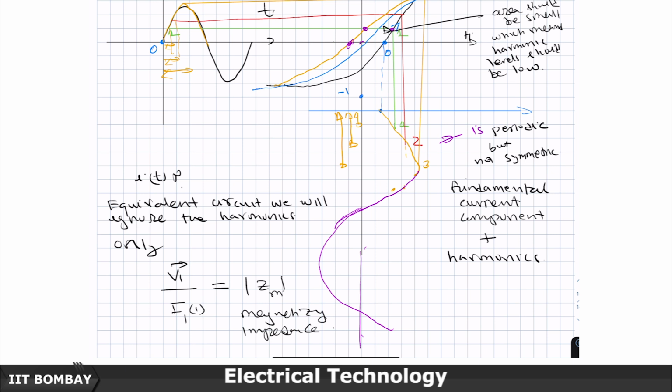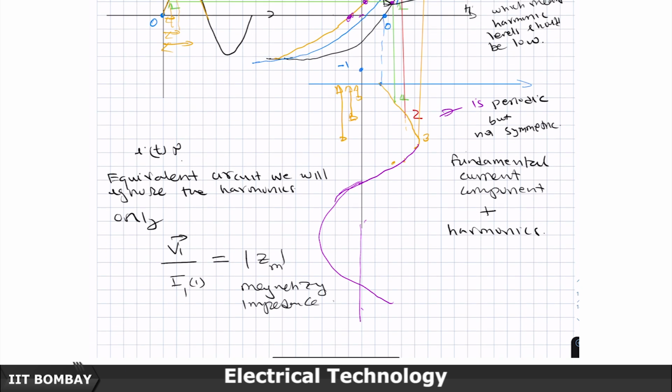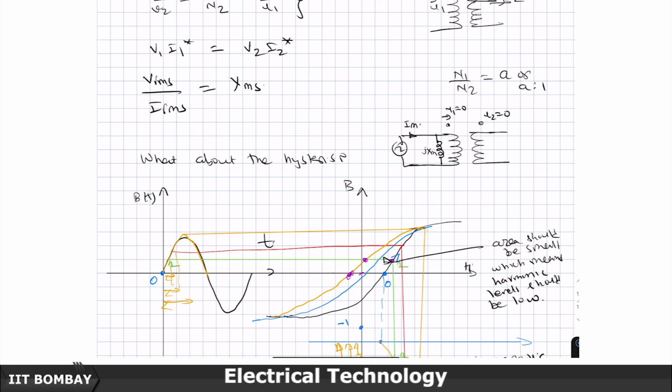So all that, if you measure, if you put a wattmeter for example, which measures the watts consumed by this device here. A wattmeter will have a voltage coil and a current coil.